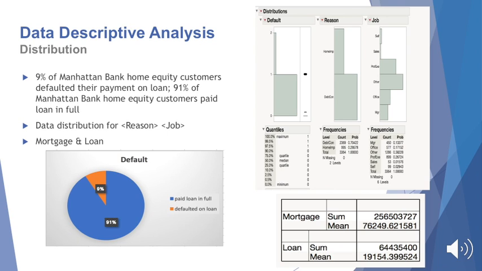From the distribution of reason and job, we can see that there are 2 types of reasons and about 6 types of jobs in the customer information. We also calculated the mean of mortgage and loan so that we can deeply understand the current customer situation and our bank situation.